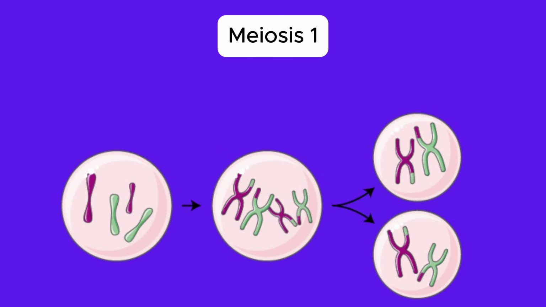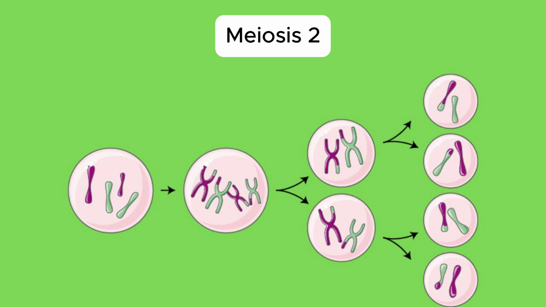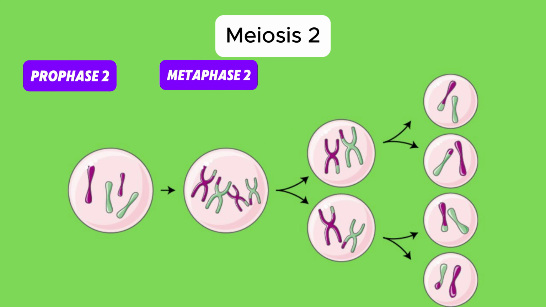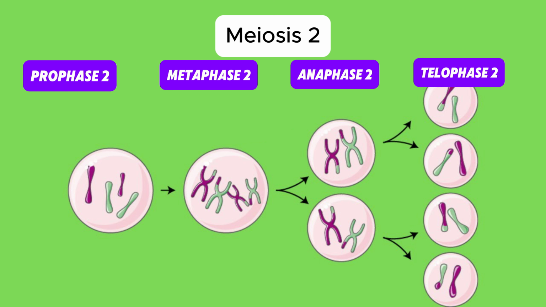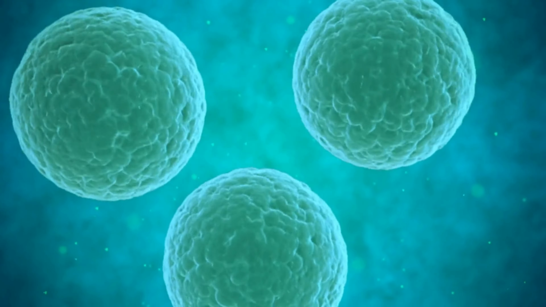Meiosis 1 has four stages, prophase 1, metaphase 1, anaphase 1, and telophase 1. Similarly, meiosis 2 also consists of four stages, prophase 2, metaphase 2, anaphase 2, telophase 2, resulting in a total of 8 stages in meiosis. We will explore each of these stages with animations to understand what happens in each phase.